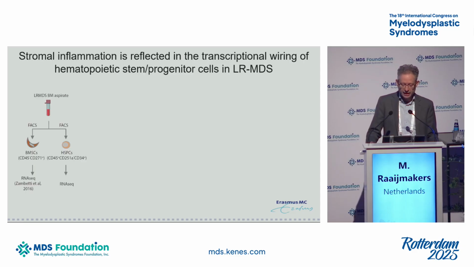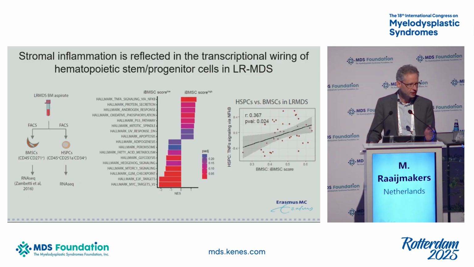Now, in order to address that, we first looked at the same 45 samples at the gene expression in hematopoietic stem progenitor cells, but now separating the cohort that had high inflammation in stromal cells versus low inflammation. And what this data shows is that if there is high inflammation in stromal cells, you also have activation of inflammatory pathways and inflammatory stress, TP53 pathways in your hematopoietic cells.